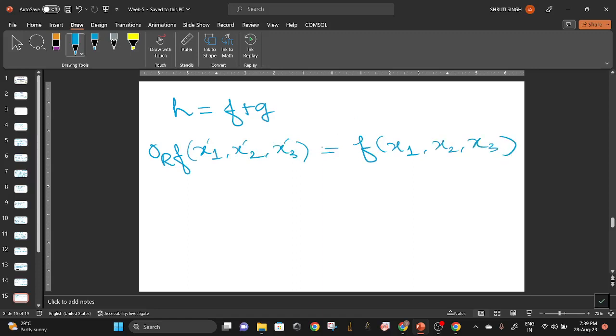This is a reverse way of writing. When we are doing this, x1, x2, x3 gets changed to x1', x2', x3' on applying this operation R. Similarly, we can write for the same symmetry operation, we cannot change the symmetry operation, for another function.